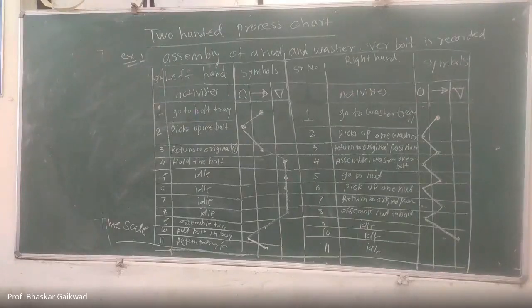But before that, anybody having any doubt, these things not able to understand, you can ask me. Shall I proceed? Shall I go to the next charts? Just give response from your side. Okay, thank you. So we'll go to the next charts, that is our multiple activity charts.